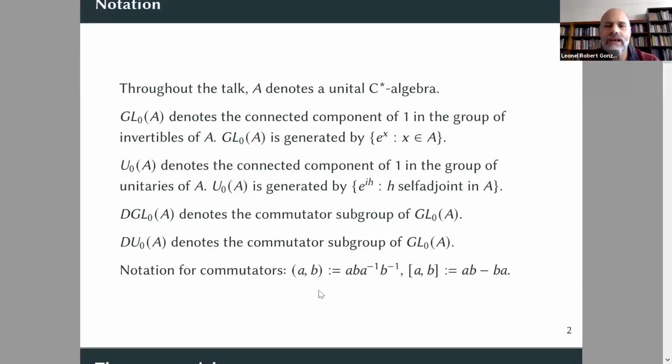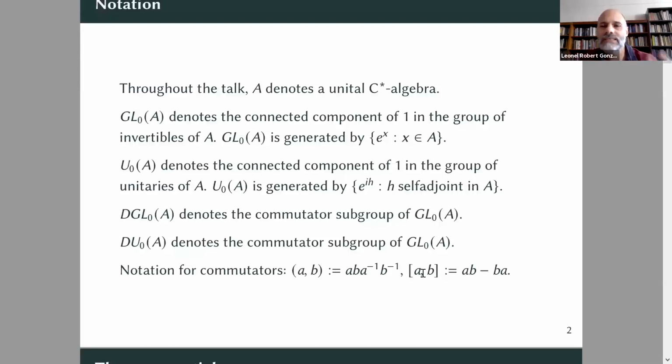So every now and then, some actual commutators come up, so let me give the notation. For multiplicative commutators, I use parentheses. And for ring commutators, I'll use brackets. I also apply this notation to sets. When I apply it to sets, I really mean generated by commutators of elements taken from the sets.